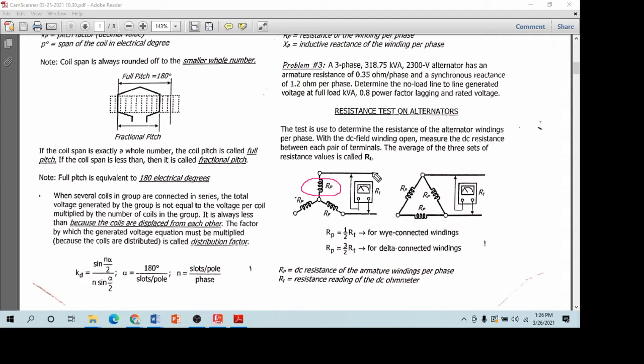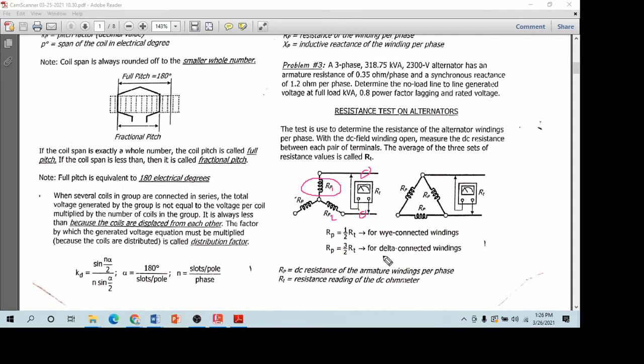If you connect an ohmmeter across two lines, RP1 and RP2 are connected in series, so you multiply by 2. That is why your RP will be divided by 2.